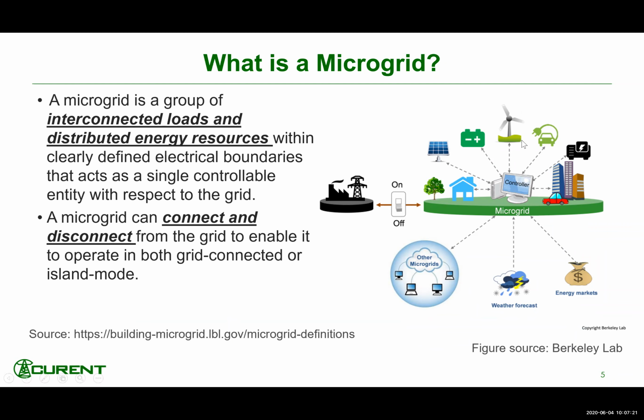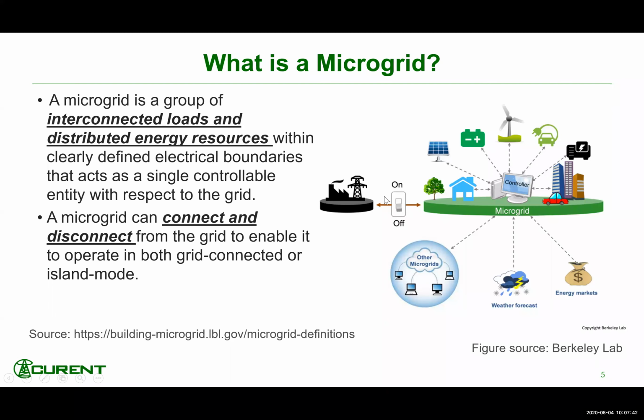And you also have different resources, including renewables, like backup generator, battery energy storage, wind, solar, and even battery-based electric vehicles. They can play a role as a whole entity connected to the main grid.